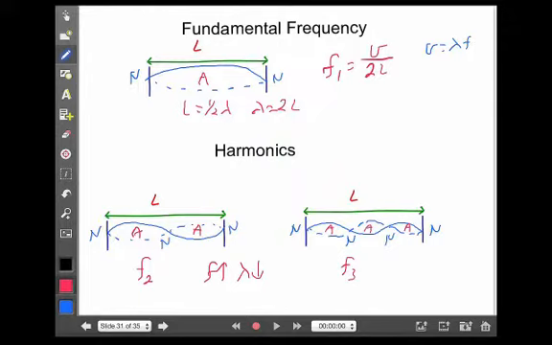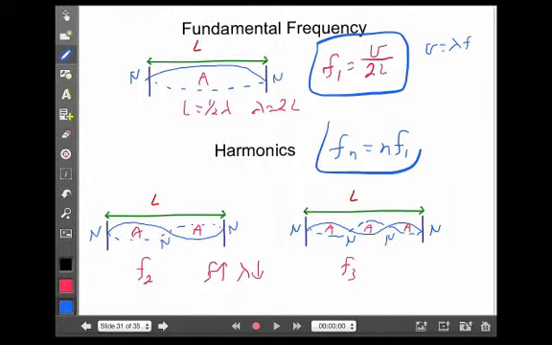In other words, if I double the frequency, I cut the wavelength in half. If I triple the frequency, I cut the wavelength by 1/3. So again, the harmonics are found by taking n and multiplying it by the fundamental frequency. So those are our two equations for strings.